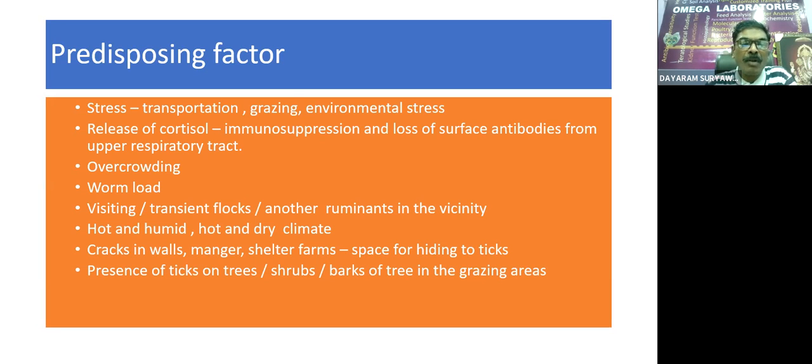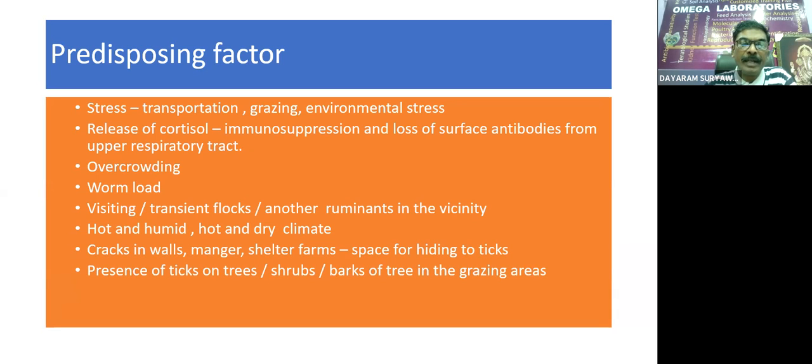Then one of the common findings observed around the flock of sheep and goat is that visiting farmers or visiting sheep and goats or other ruminants, when they come to the vicinity of the farms, will share the ticks around the farm, and those ticks may lead to in-house infection from the visitors' sheep and goats.